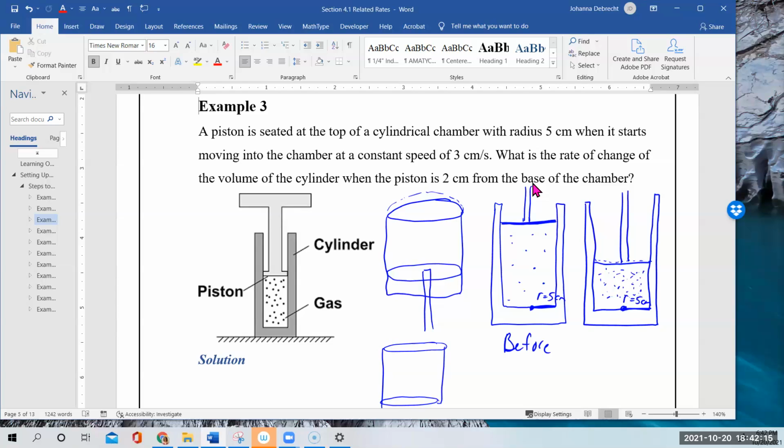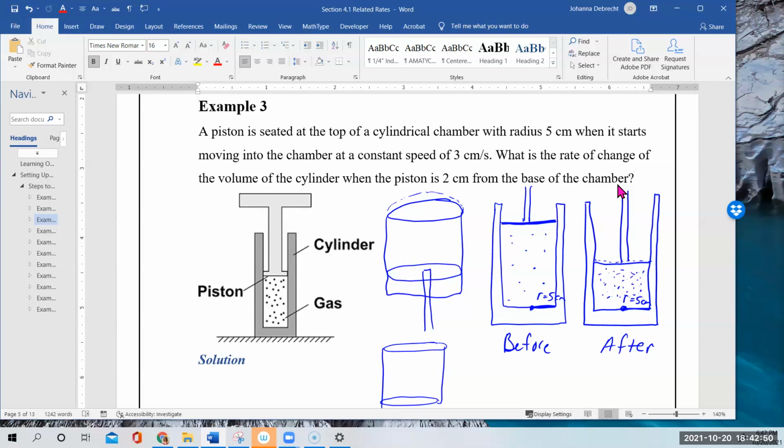When it starts moving, got it, into the chamber, okay, at a constant speed, yes, of 3 centimeters per second. Now you have to decide how the piston is moving in, what's changing. Speed is a derivative. It's the change in some length with respect to time. When you look at the before and the after picture, you can see that the height of the gasoline and air mixture inside of the chamber has changed.